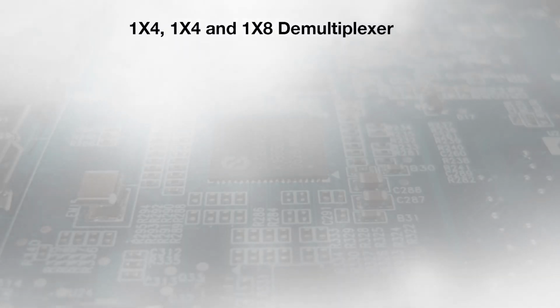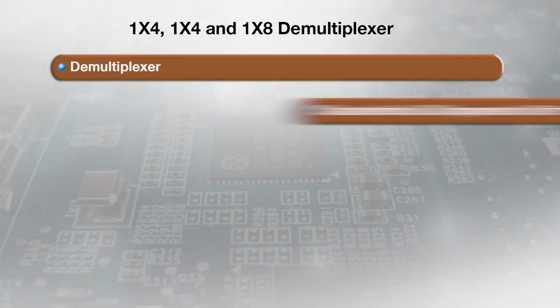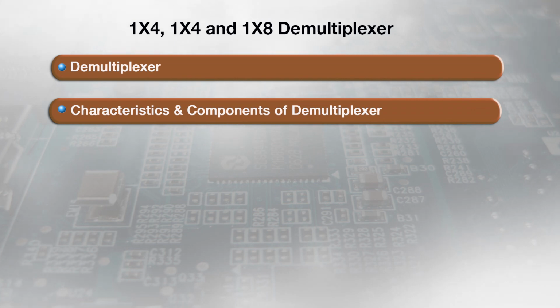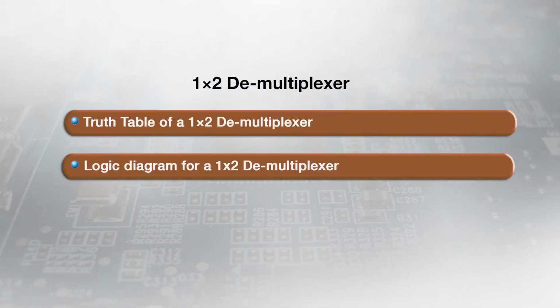So today we are going to have a detailed discussion on the multiplexer, the characteristics and components of the demultiplexer, 1 cross 2 demultiplexer, 1 cross 4 demultiplexer, 1 cross 8 demultiplexer.